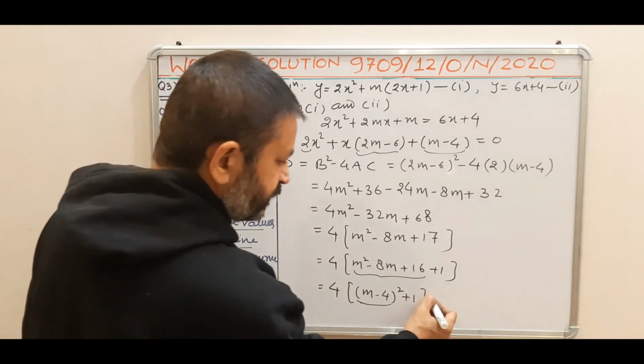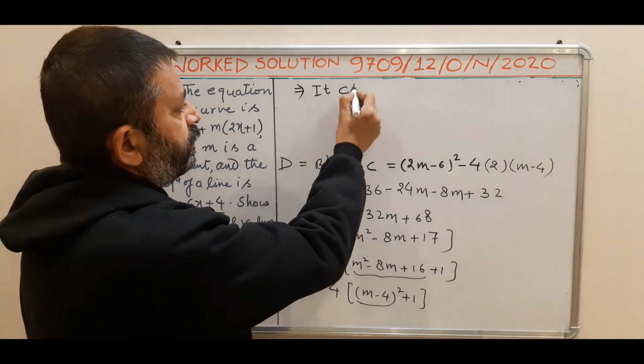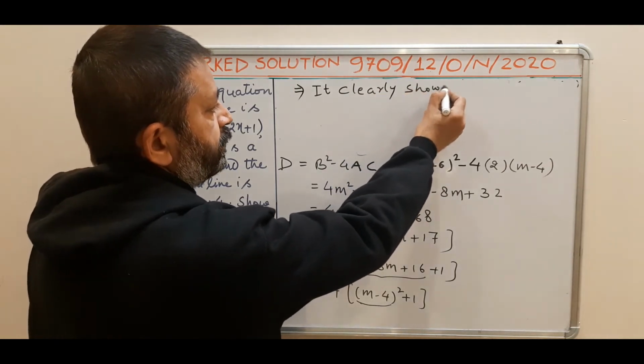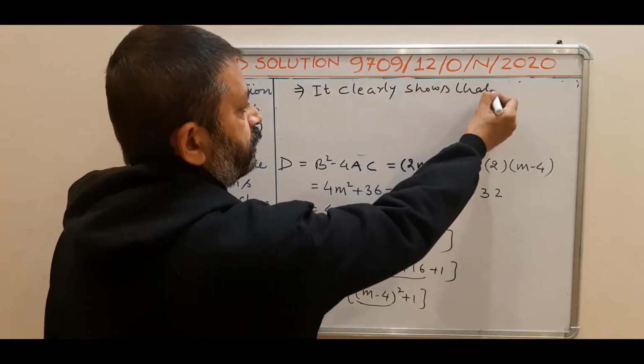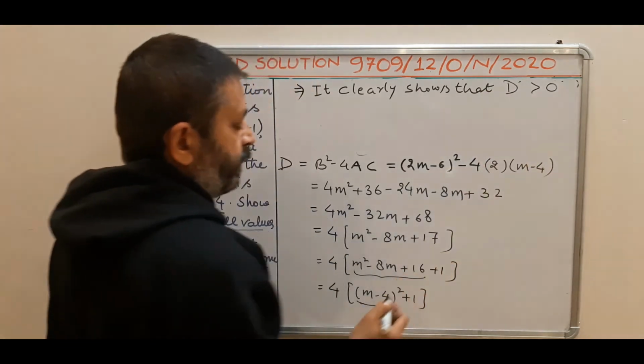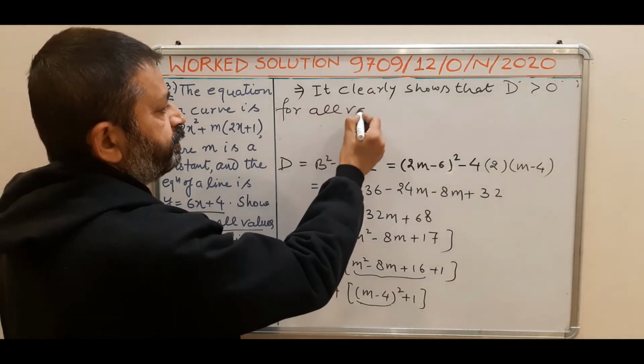So now here we will just write a statement. It clearly shows that discriminant D is positive for all values of m.